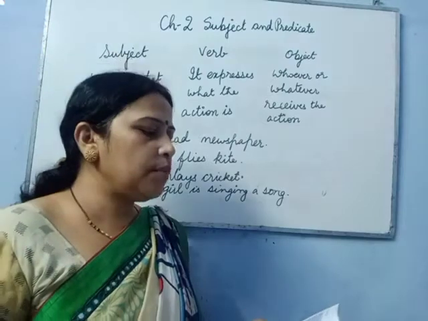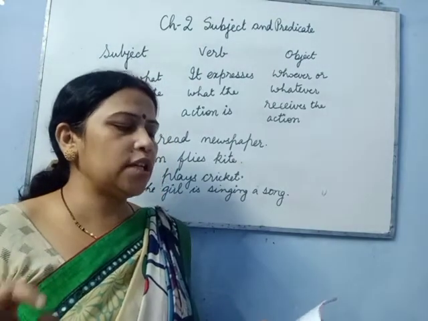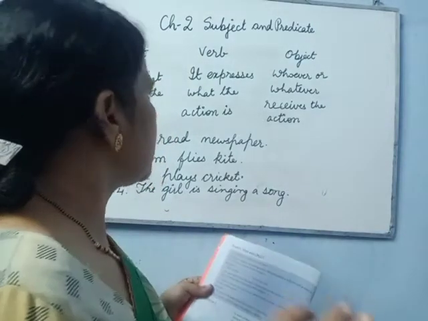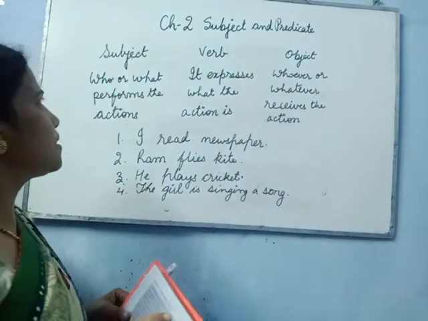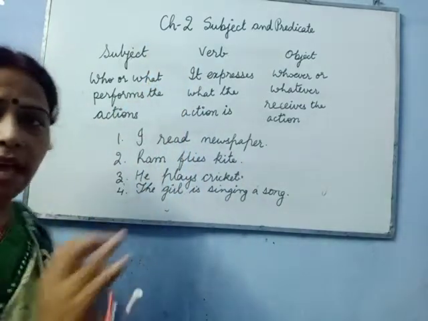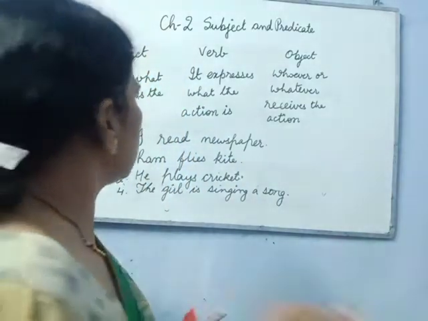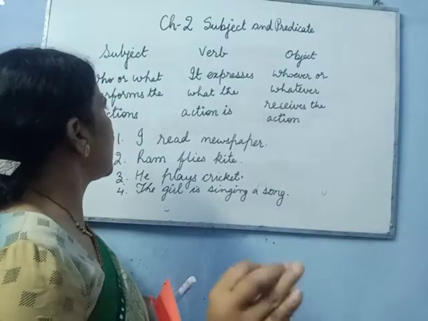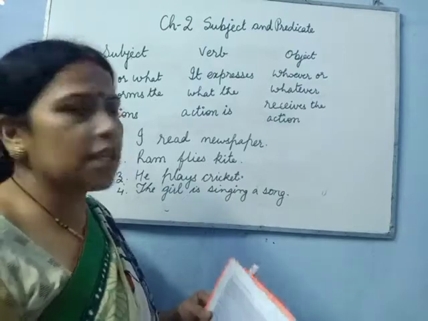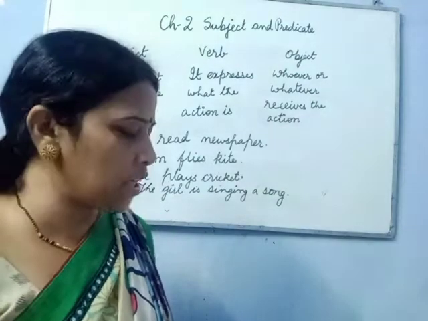Then the verb follows a subject and points to an action that is done by the subject. So what happens? You know that the subject is the performer of the action. Okay. Who does or what does the action is the subject. And the verb, it expresses what action is being done.